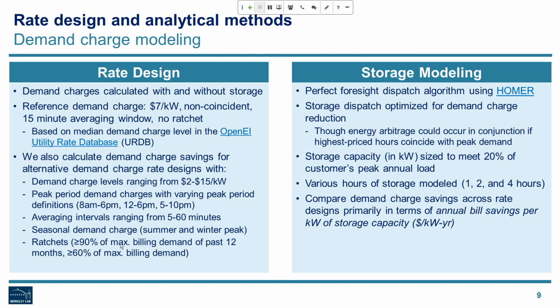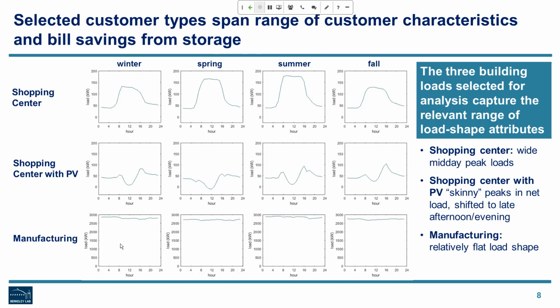We could have chosen a different size. Depending on the available roof space, we have seen some PV systems that are anywhere from 25 to 50% of annual load. But it was kind of arbitrarily chosen, and in the end, what we care about is the net load shape.